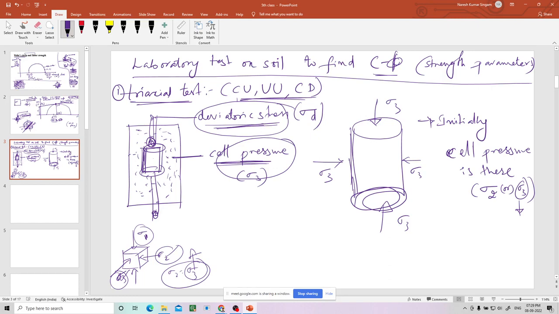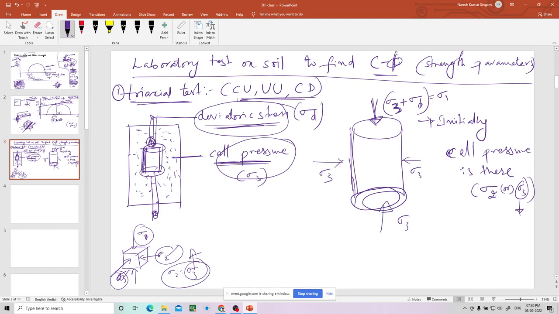So now we are applying extra deviatoric stress: sigma 3 plus sigma d equals sigma 1. That is called vertical pressure here. Now there are two different pressures. One is horizontal pressure sigma 3, and the other is vertical pressure sigma 1, which is the sum of sigma 3 and deviatoric stress.